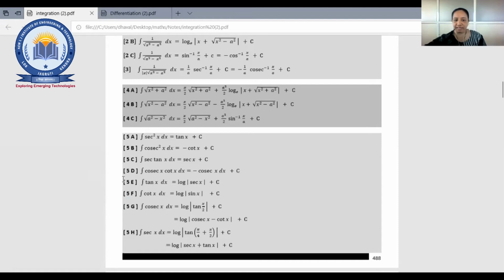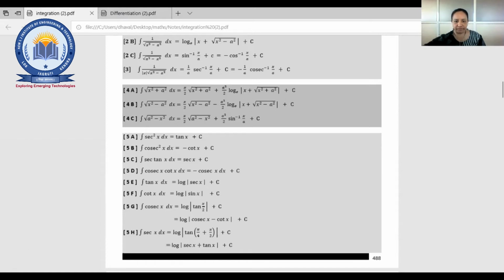Can anyone explain this thing? How will it come? Because these are, we can say, from differentiation, you can directly tell that, right? Okay, sin x upon cos x.